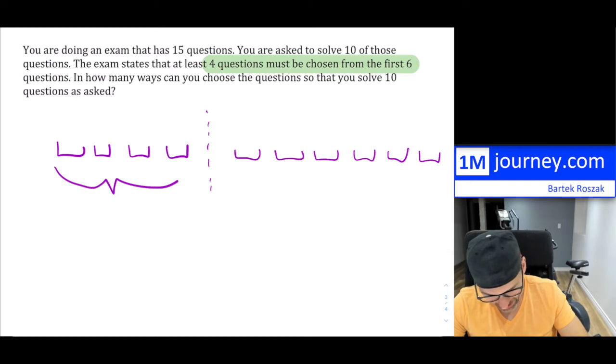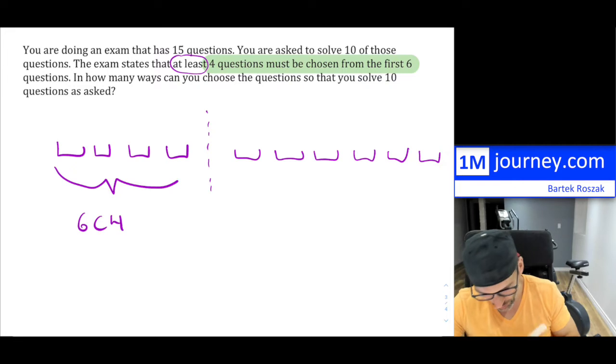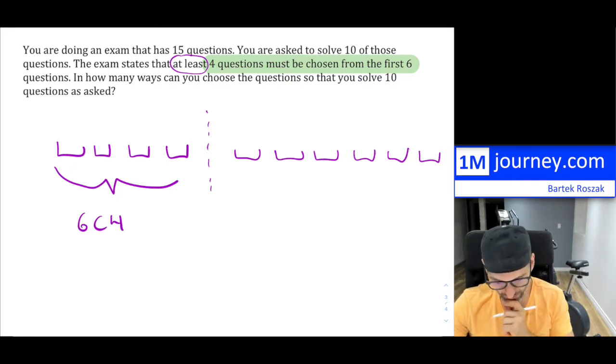So within here, we're going to have, I guess, from the first 6, so at least it says, okay, so we have to be careful. So at least 4. So this is going to be 6 choose 4, right? That's if we had 4 of them.